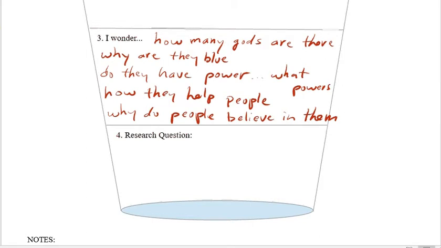That means they're not going to be yes or no answers, because that's not going to be research. Your paper can't be 5 paragraphs if you just say yes or no. A good rule of thumb is to start your question with how or why.